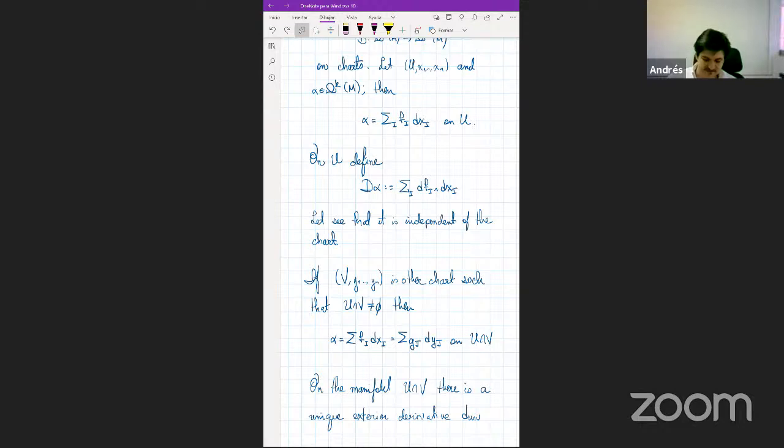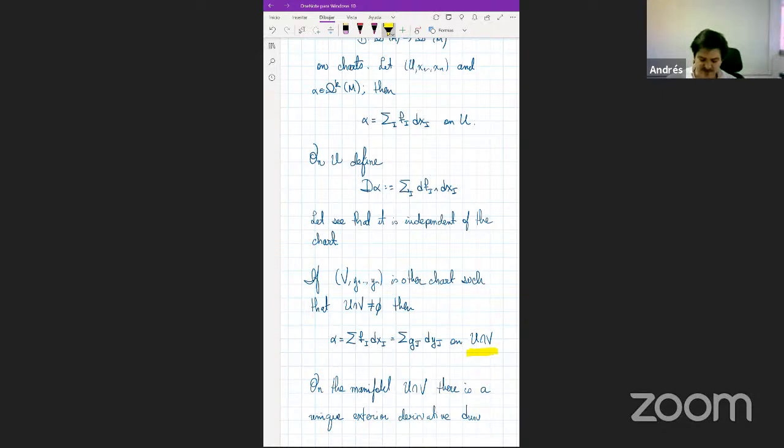Now, U and V are charts, so are Euclidean. So in particular, U intersection V is also Euclidean.